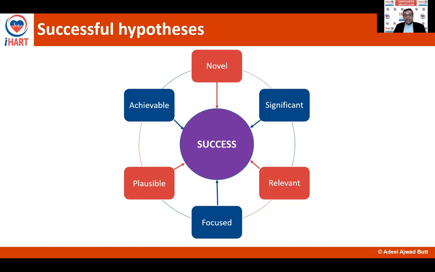It is focused, meaning it addresses something very specific, so that it's not all over the place. It is plausible. In other words, there is some amount of common sense that dictates that this makes sense based on your individual experience or based on previously published literature. And importantly, it is achievable. So there's no point to propose a hypothesis which you know you will never be able to achieve.